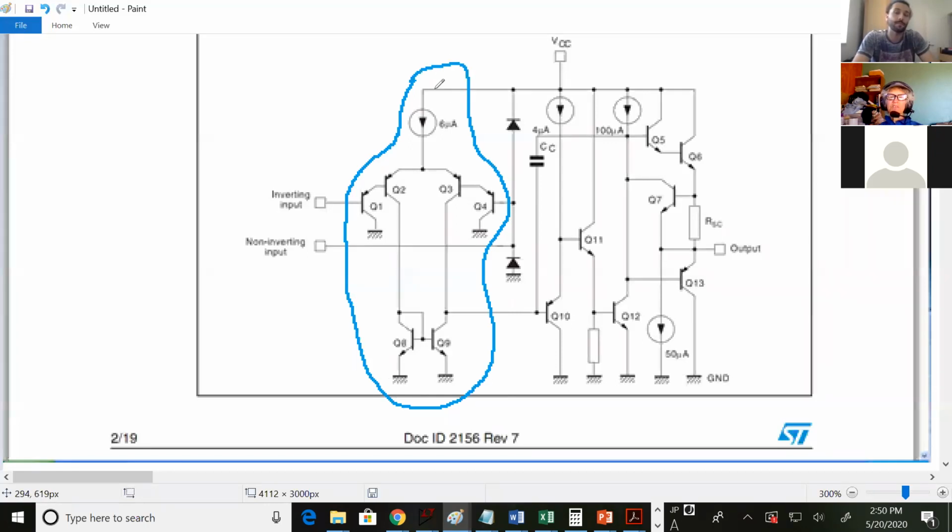And for every stage, you want to go from rail to rail, so supply to ground. If you don't go all the way from the top rail to the bottom rail, you haven't got the whole stage. Okay. First thing to notice on this input stage, what's different than the diff pairs you've been working with?